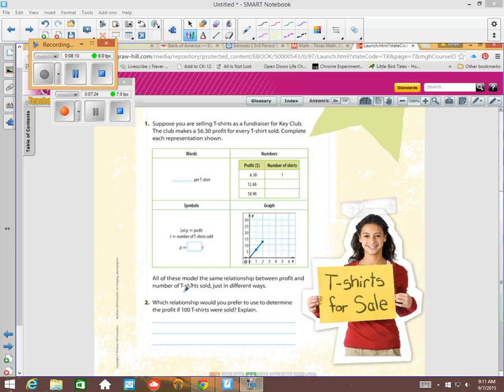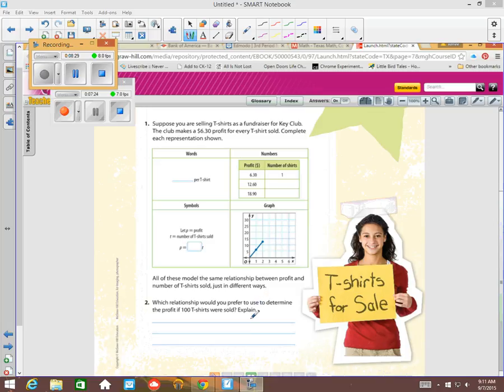All of these models show the same relationship between profit and the number of t-shirts sold, just in different ways. Number two, what relationship would you prefer to use to determine the profit of 100 t-shirts if they were sold?